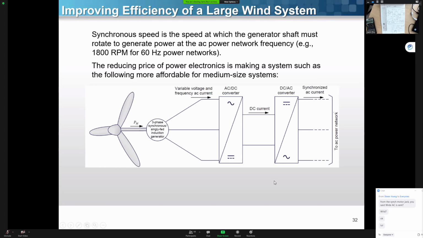The thing compared to the doubly-fed induction generator is this converter part down here. If your wind turbine is rated for 100 kVA, this converter down here needs to handle all the power for 100 kVA.